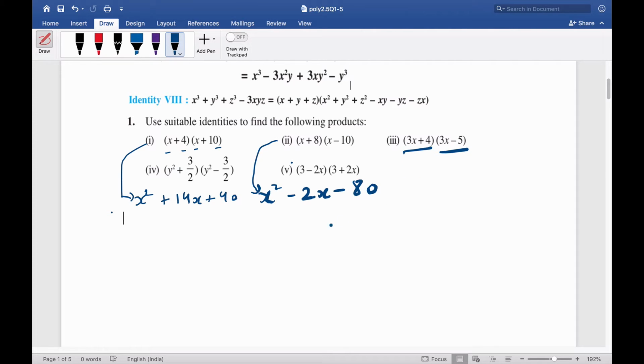Let's get started on it. So in the third part, I can again write it as 3x plus 4, then 3x plus bracket minus 5, and then another bracket. This becomes my a, this becomes my b.